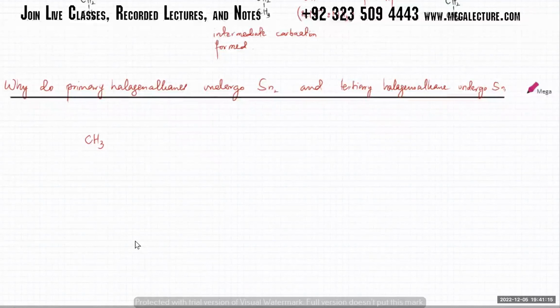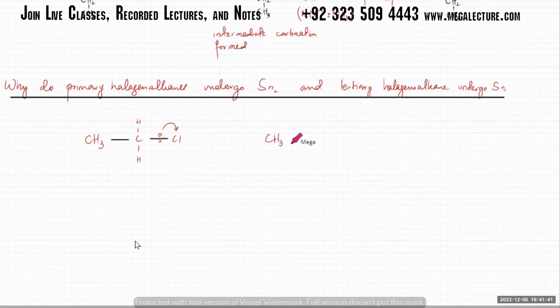Achha, so the answer to that is the carbocation formation. If you have a primary halogenoalkane and it's got a Cl, it would be very hard to form the carbocation in a primary halogenoalkane. In tertiary, it's going to be easier.